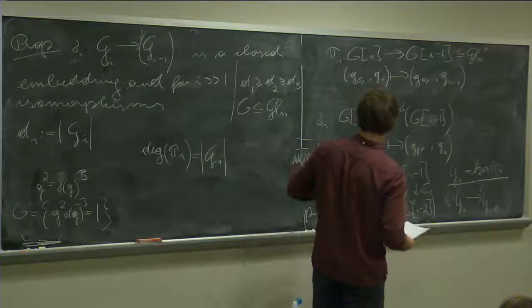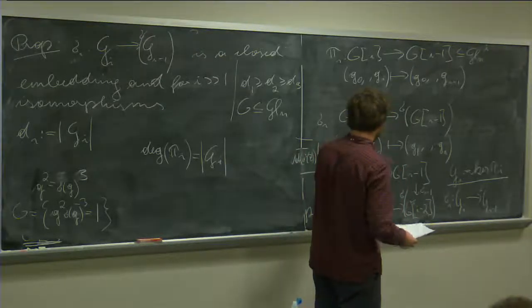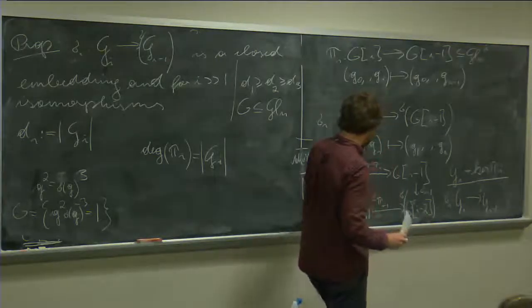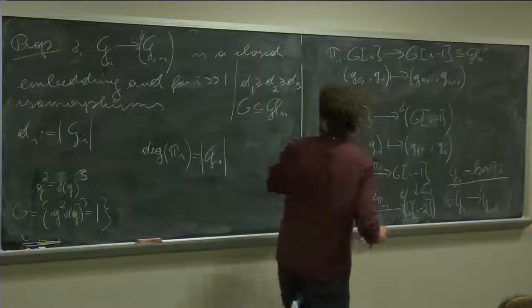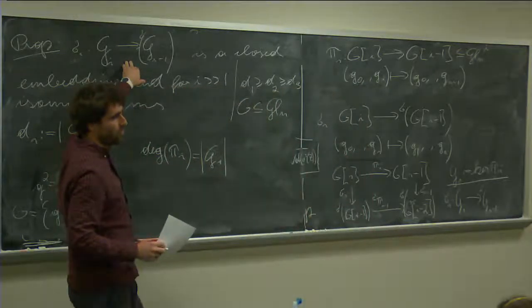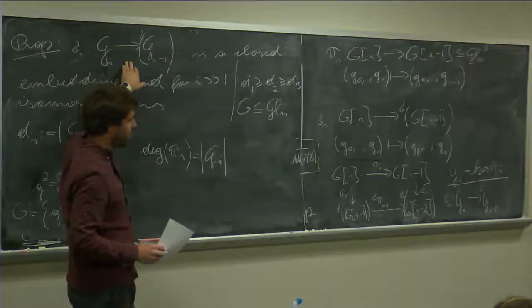Now down below, I don't think so. Sigma_i in general will not be a closed embedding, only the restriction to the kernels will be a closed embedding. But the fibers everywhere really are that.